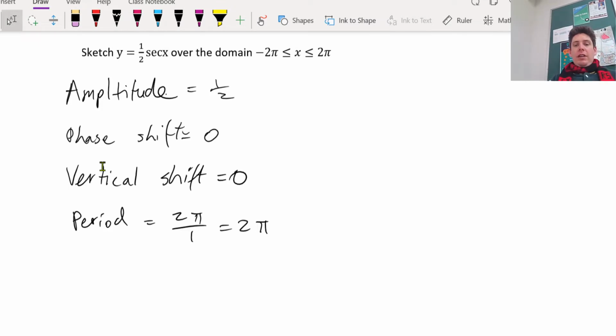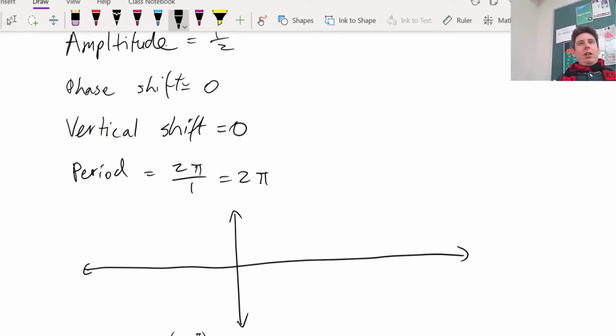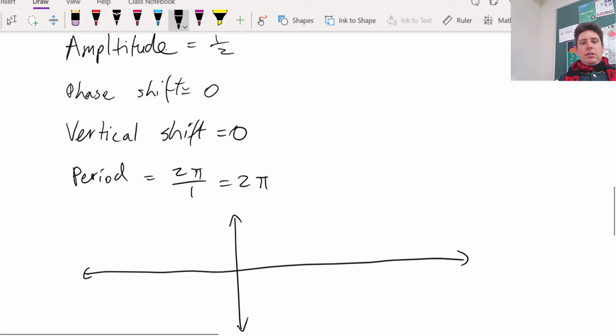Okay, so we figured out those things. So now we can start graphing. If we want to graph sec, we graph the reciprocal of sec first. So the reciprocal of sec is cos. So third letter, cos.